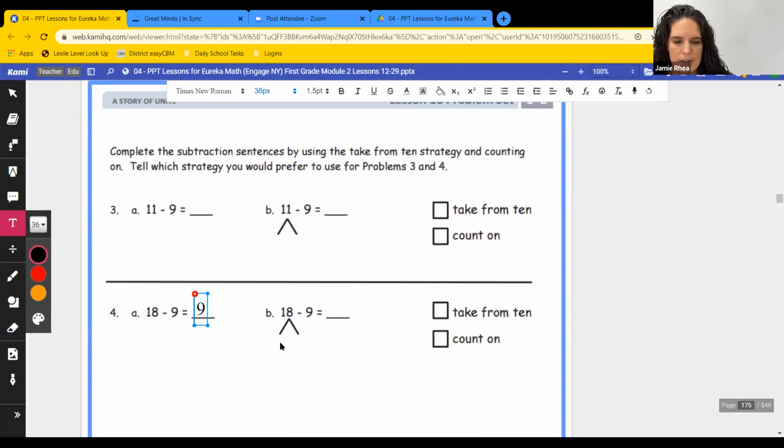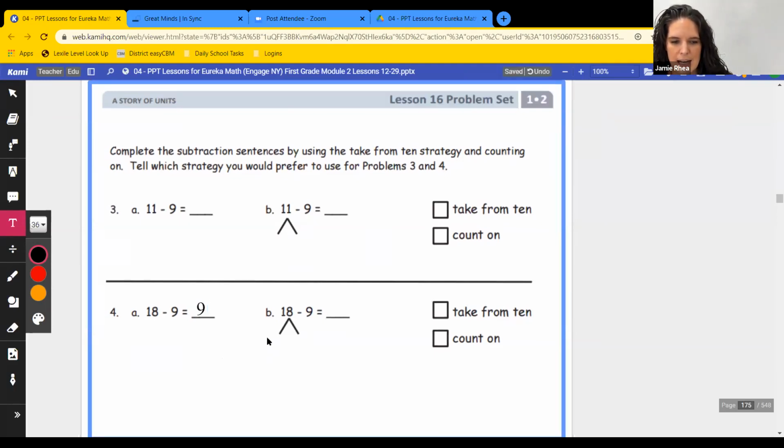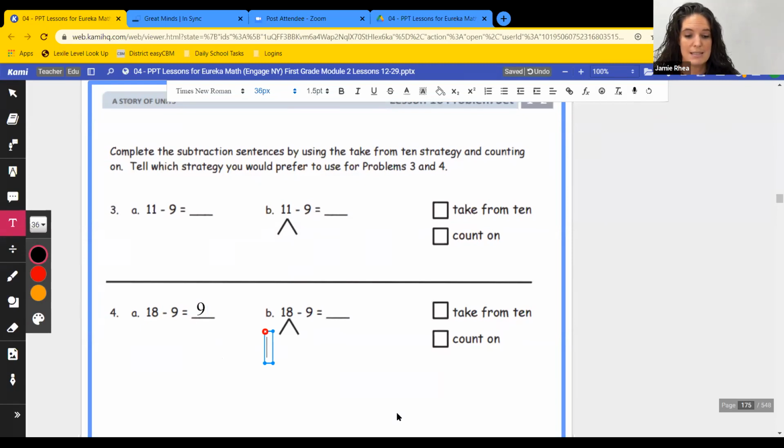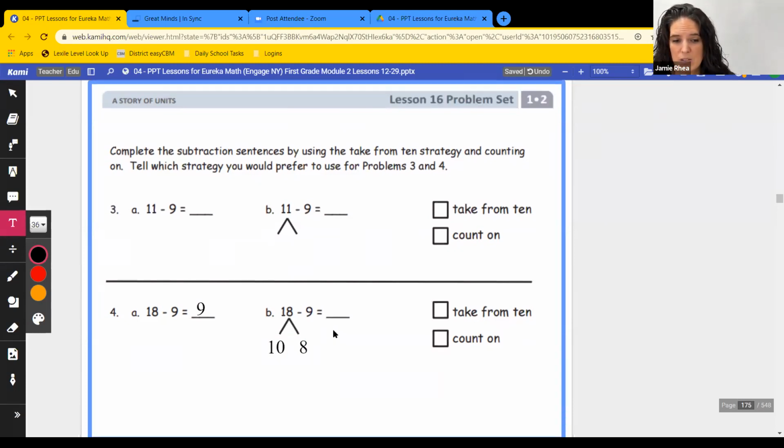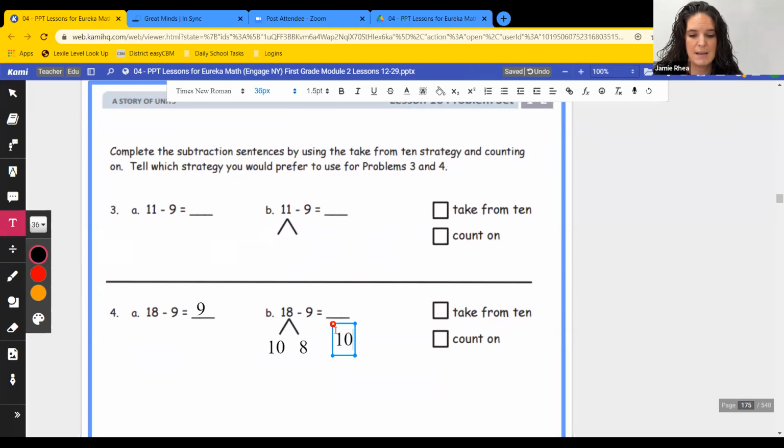All right. Now, if I have 18, I'm going to break it down to 10 and 8. Now, I can draw that picture out if I need to, but I might not need to. So then I can say 10 minus the 9 equals, what's 10 minus 9 all at one time? 1.